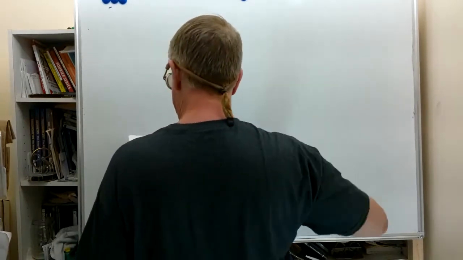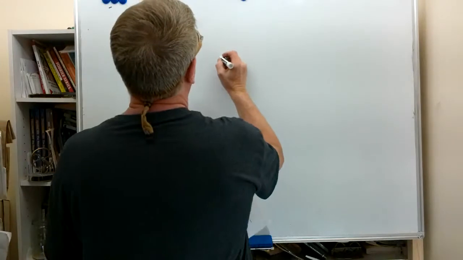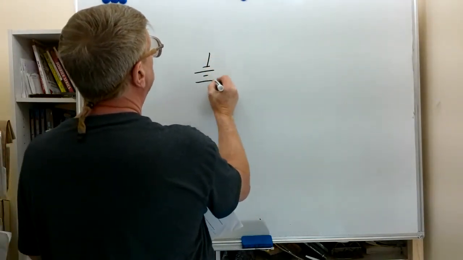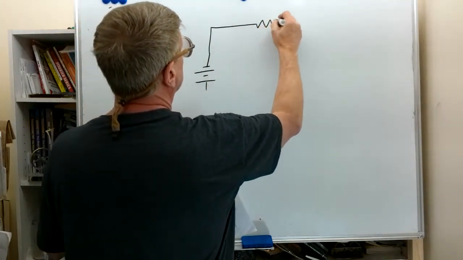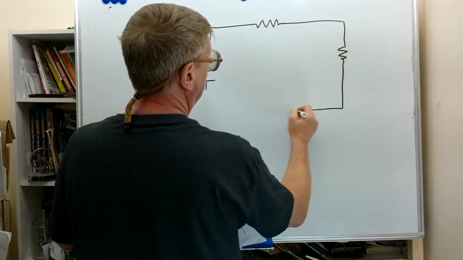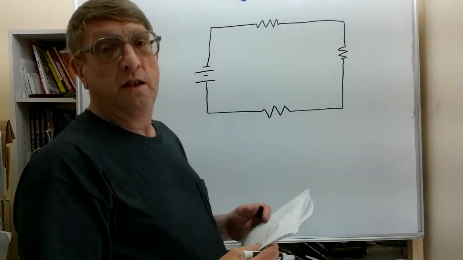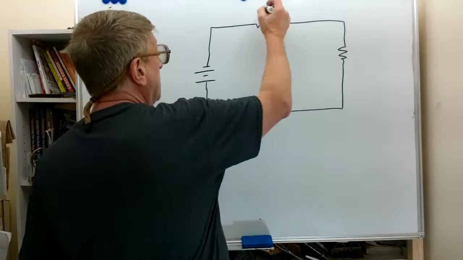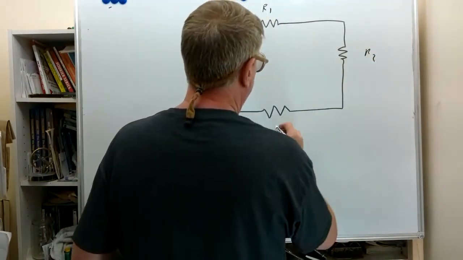We're going to draw a little bit more complicated circuit here. We're going to have 3 resistors in this one. We're going to label these R1, R2, and R3.